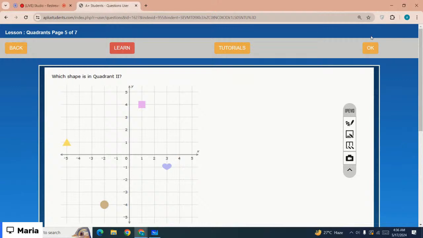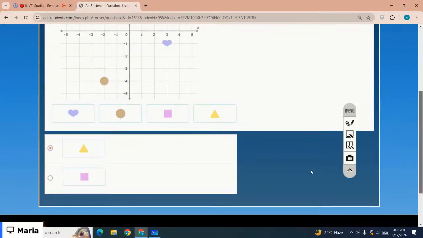Which shape is in quadrant 2? Triangle it is.